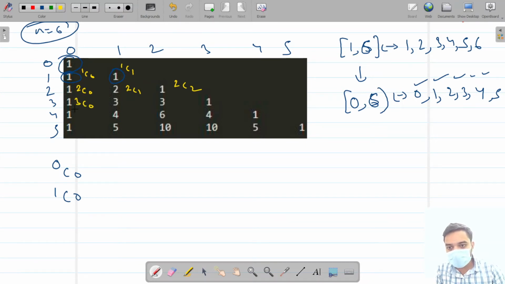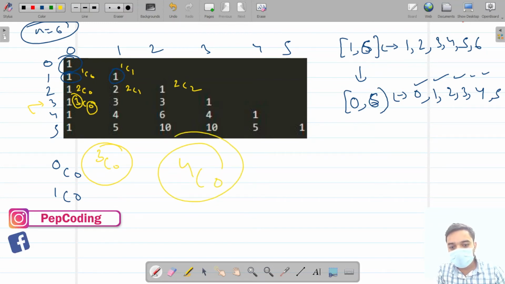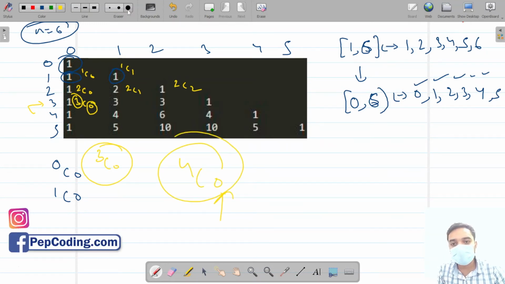So this is 3c0. So directly, my I is this and my j is this. Why am I starting from 0? Because it is fulfilling all my conditions, since there are values like 3c0 or 4c0. So I want 0 because I have to start from 0.